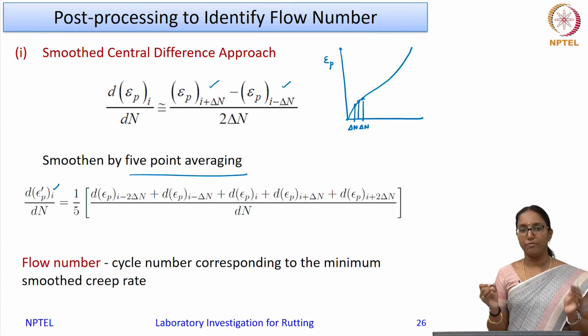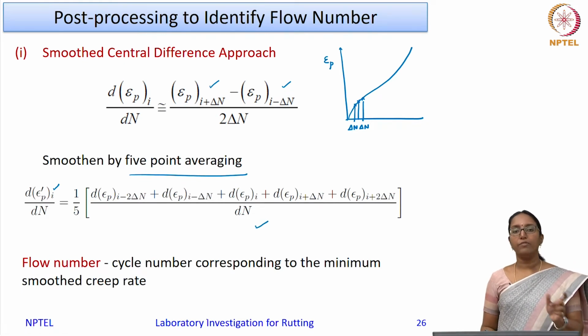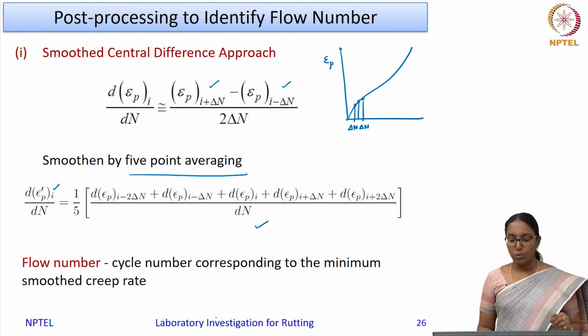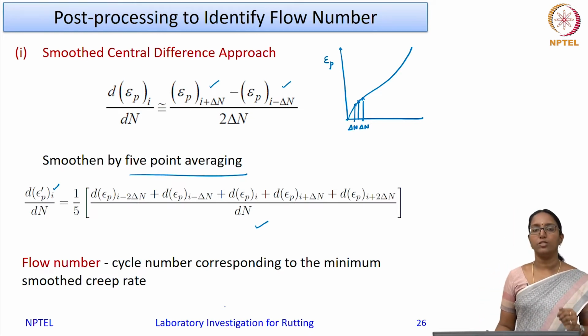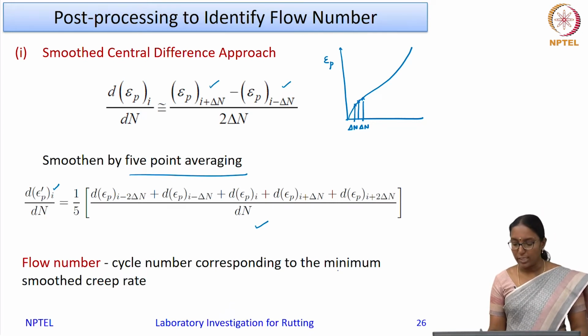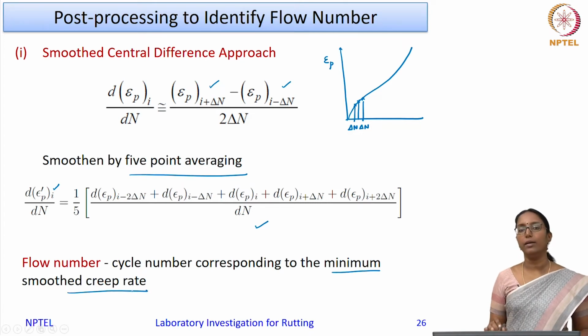So altogether you have 5 data points and you average them out. Then you get the smoothened rate of change of creep, and the cycle number which corresponds to the minimum smoothened creep rate will be your flow number.